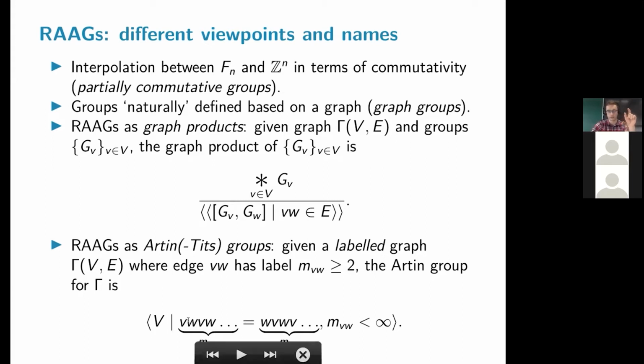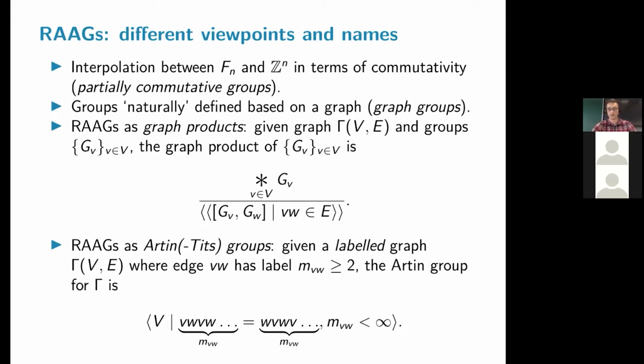So you alternate V and W, m_VW times, and this word equals the same word when you alternate between W and V. So you swap the beginning letter, but you take the same amount of letters.